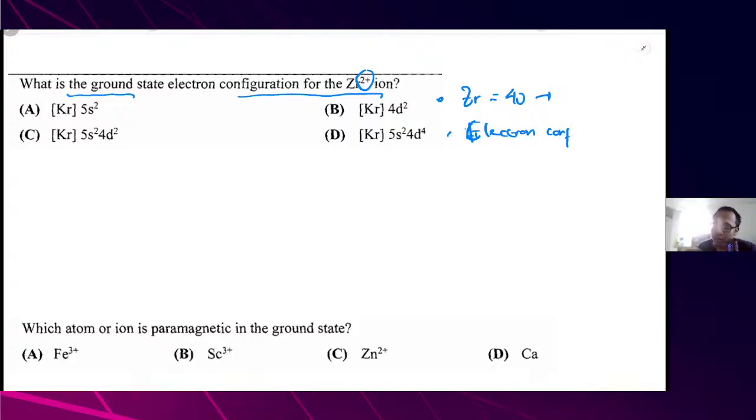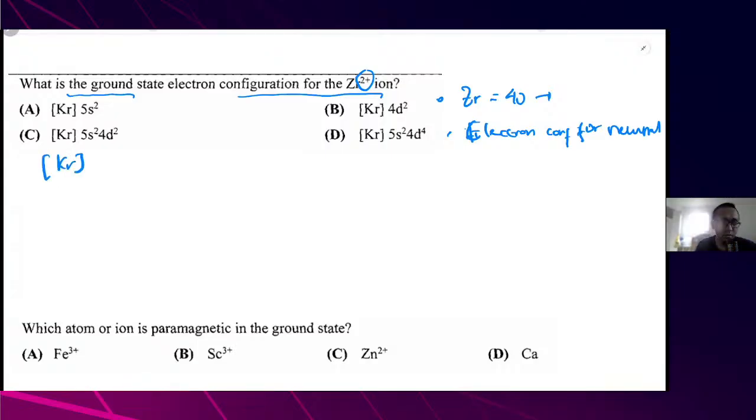So what is the ground state electron configuration for neutral zirconium? Remember, for neutral first. When we face a question like this, we can look at the options, where every option starts with Kr.